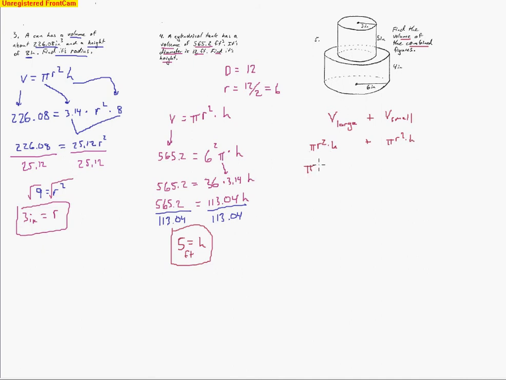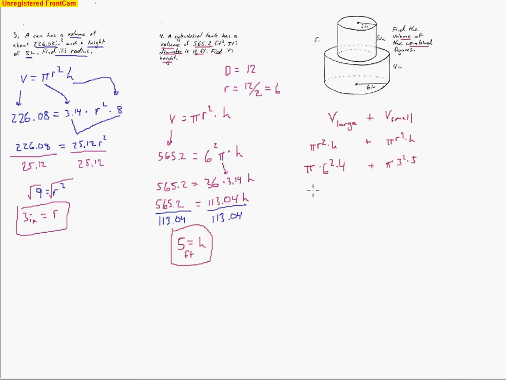So let's substitute our numbers in there. It's going to be pi times 3, oops, not 3 for the large cylinder. Let's go ahead and fix that. The large cylinder has 6 as the radius, so 6 squared times 4. I'm just getting these numbers from the large cylinder. And then the small cylinder is pi times 3 squared times 5.